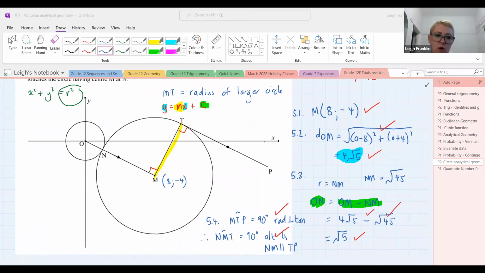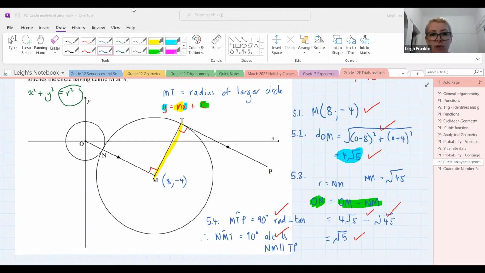Quite right. So in other words, if we know the gradient of OM, then we know the gradient of TP. But they're asking us to work out the equation of the radius, right? Now, the radius is not OM or TP, it's MT, isn't it? And it is not parallel to OM or TP, it's perpendicular.